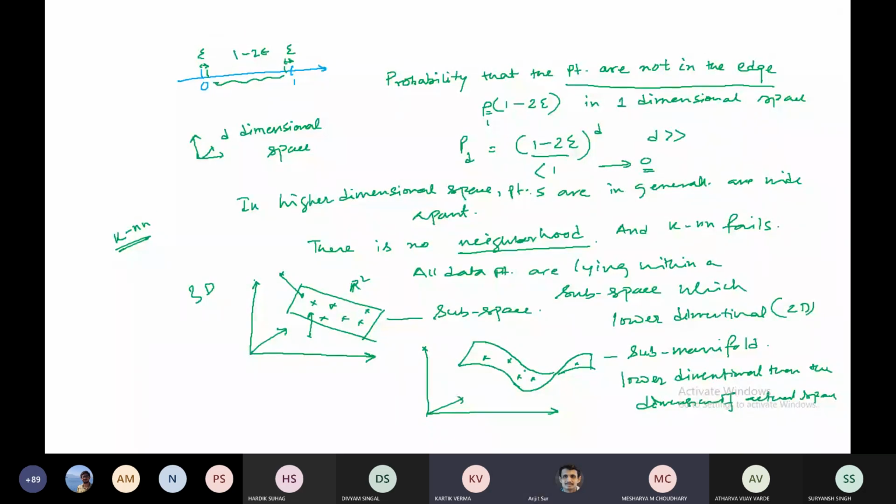There is one property of a submanifold that is very, very important. Why? Because in a submanifold, in a local neighborhood, these distances are Euclidean. Can you give a very interesting example?